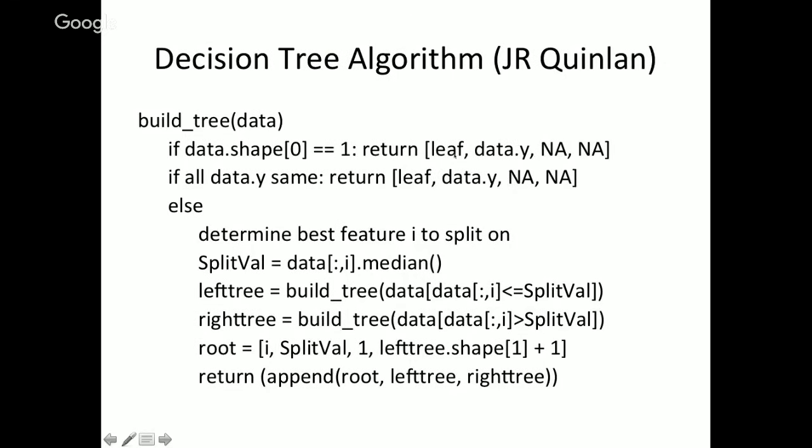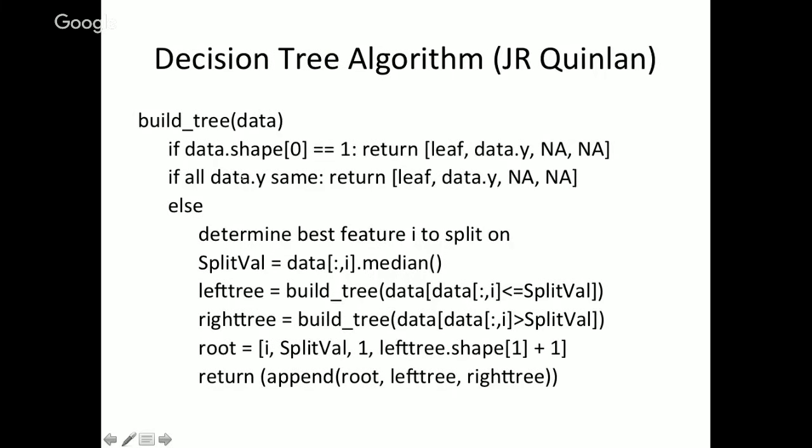I'm using the same columns here that we talked about before in our columnar data structure. The next two items don't really matter. So we create a single row where we designate that it's a leaf, the label is Y, and we don't care about the other two items. So that's one stopping criteria.